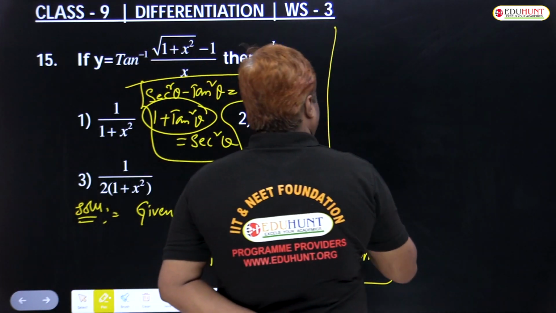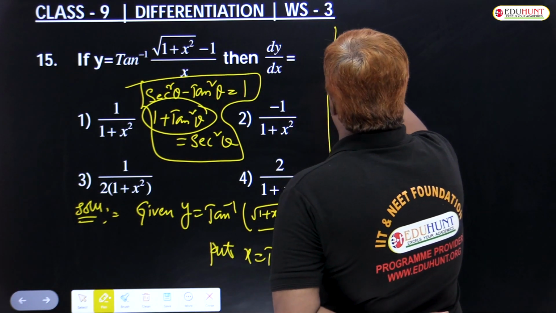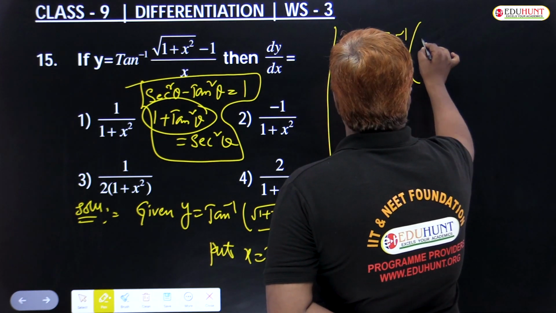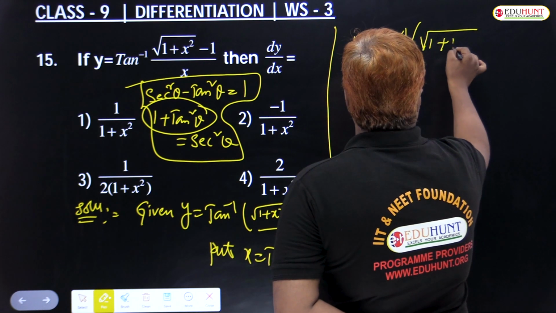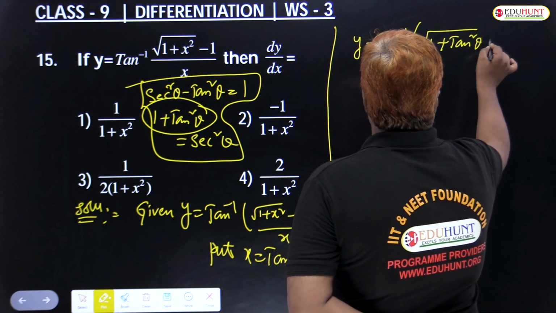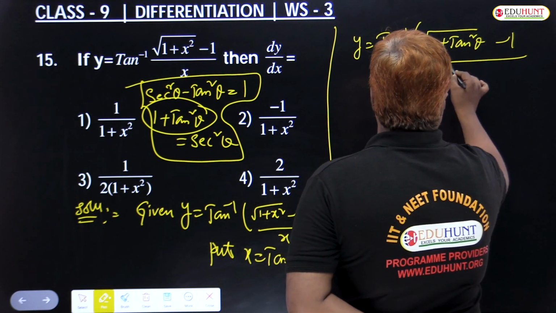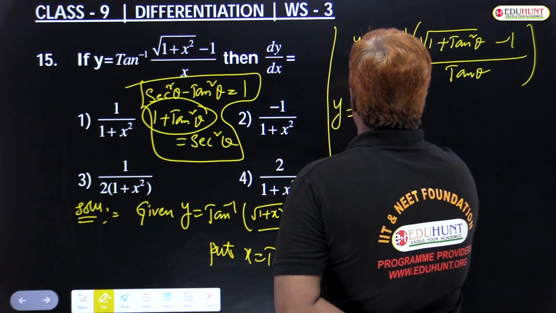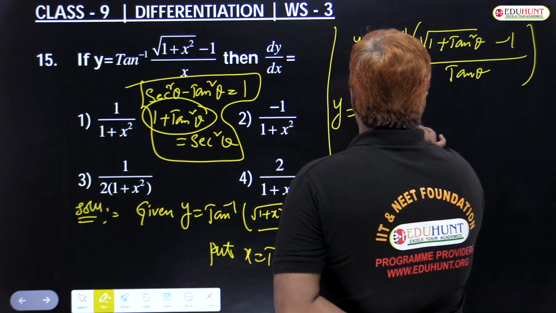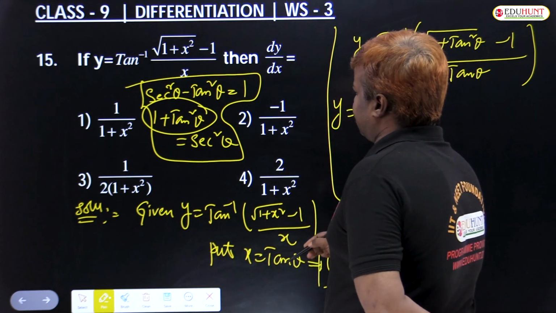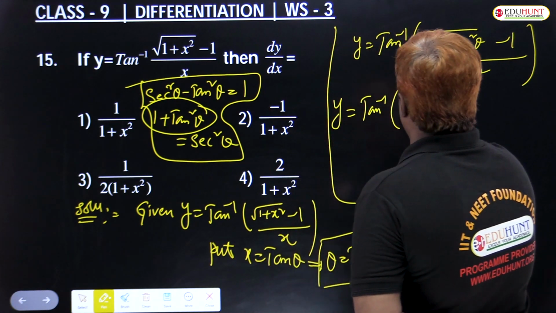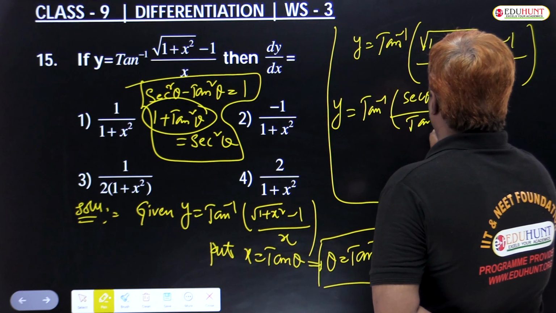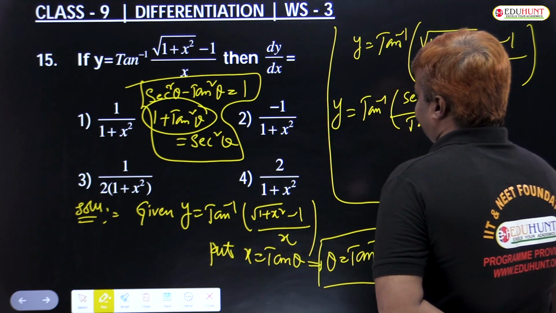Okay, then y is equal to tan inverse of root over 1 plus tan square theta minus 1 by tan theta. That means y is equal to tan inverse of root over 1 plus tan square theta, that is root secant square theta, means secant theta, minus 1 by tan theta. Again you know the formula here.